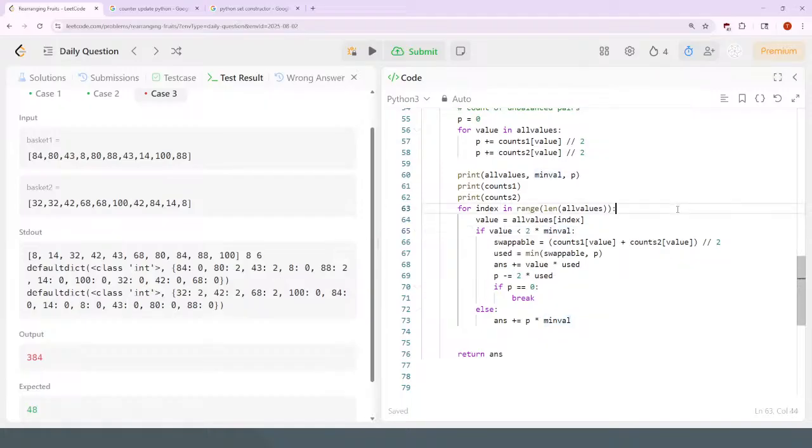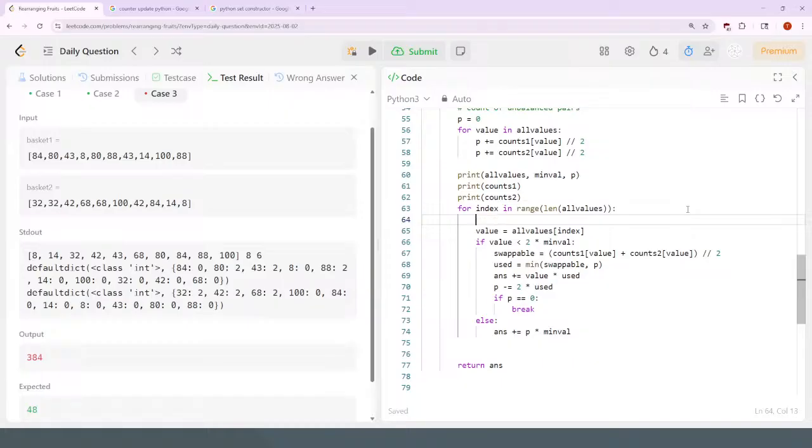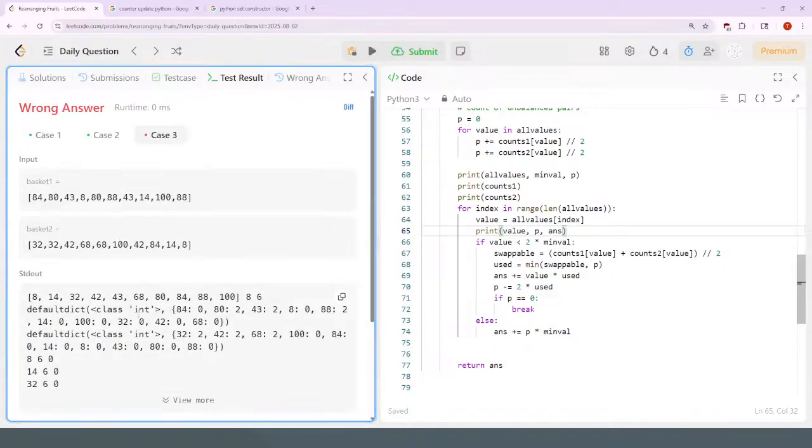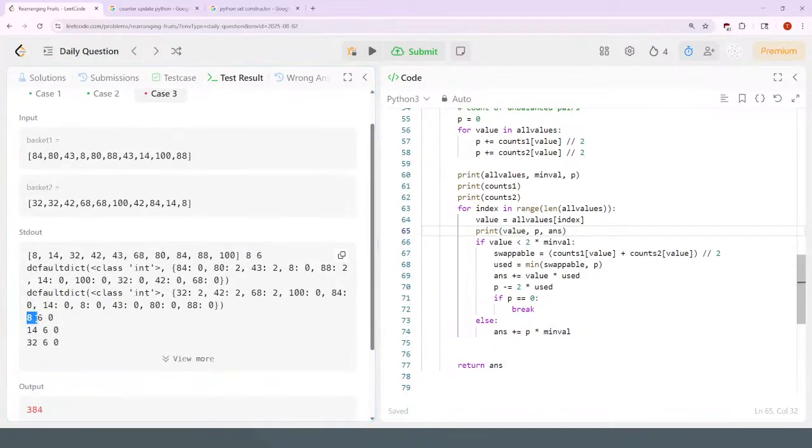I'm just going to print the value, p, and the answer currently. The value is 8. The p, there's 6 pairs, and the answer is currently 0.